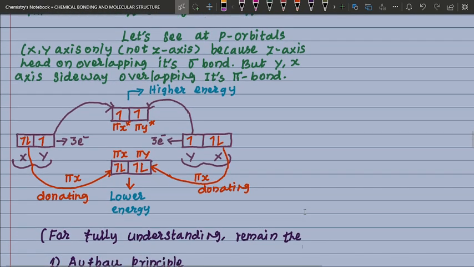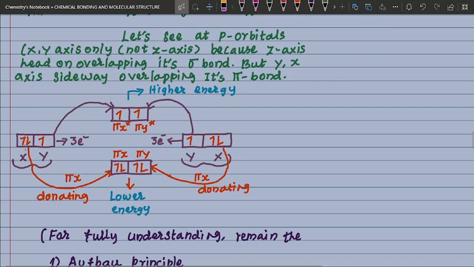Next, see this diagram. Here this is the pi x star, pi y star. Here one electron, here one electron. These electrons are going to jump into this box. These electrons also do the same thing.